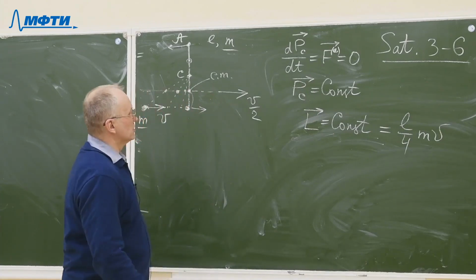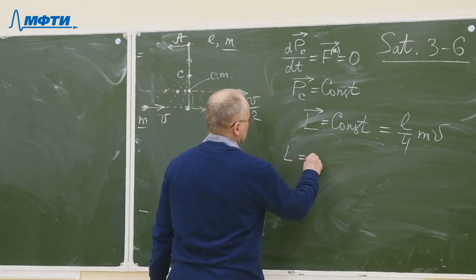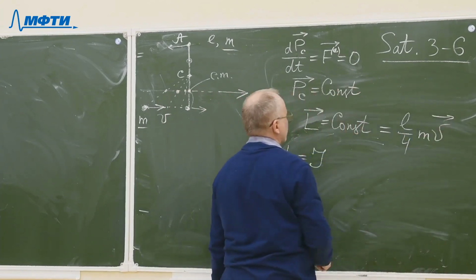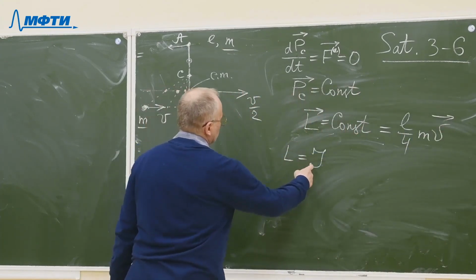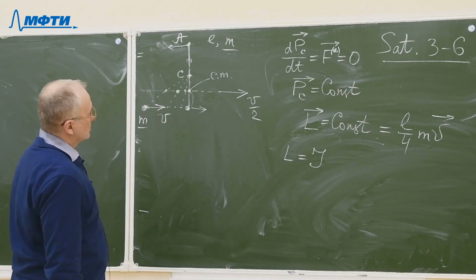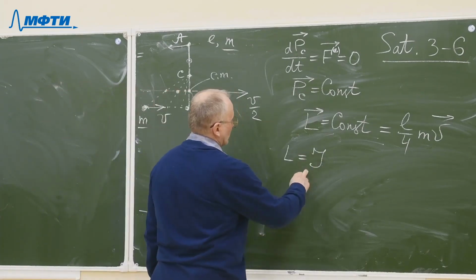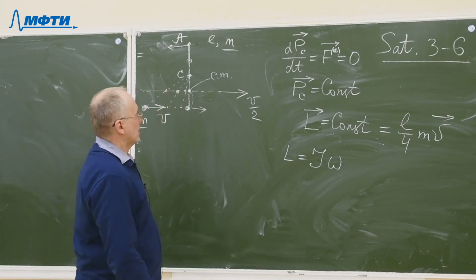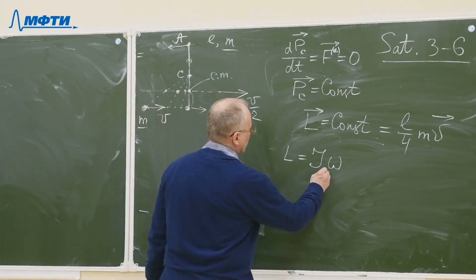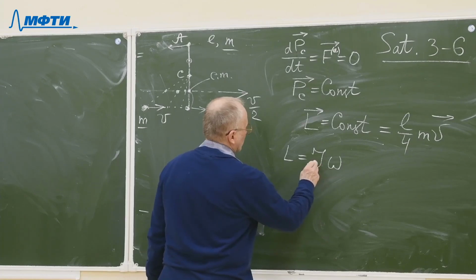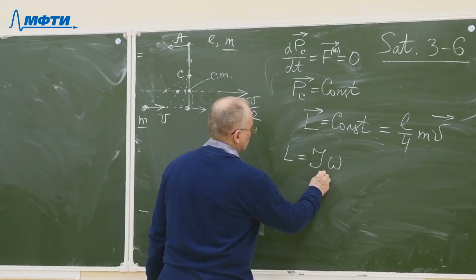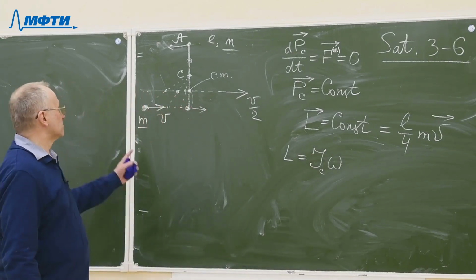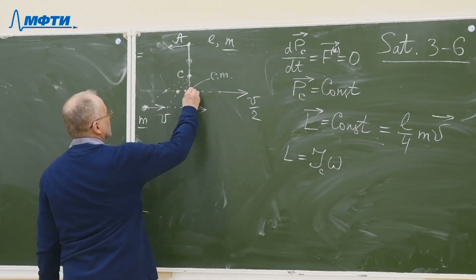But after the collision, this angular momentum, this is the vector, will be expressed like the total moment of inertia times angular velocity, and that will be the total moment of inertia with respect to the center of mass of the system of bodies. That is, with respect to this point.